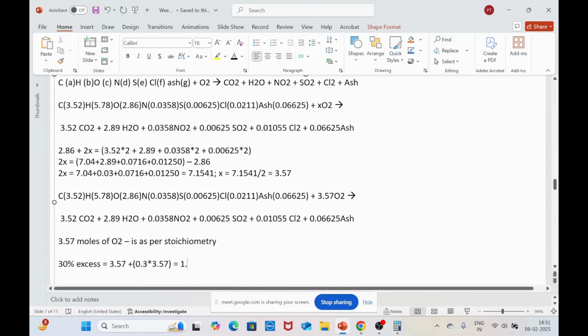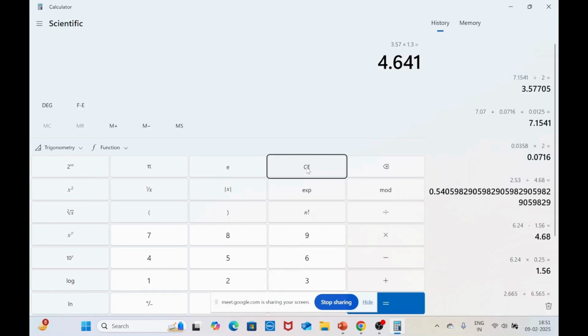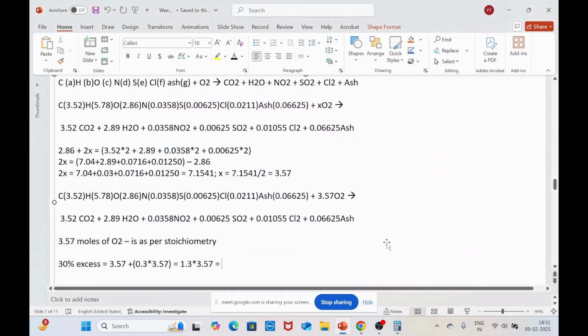You can say this as 1.3 times 3.57, which will be around 4.641 moles.